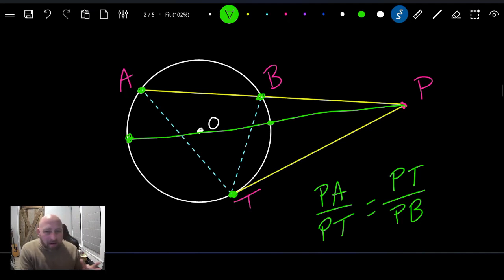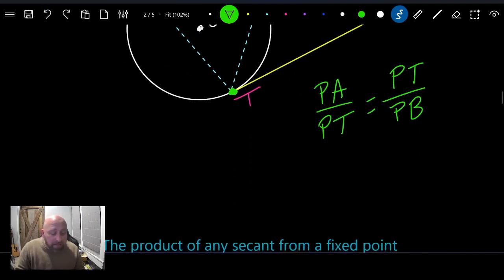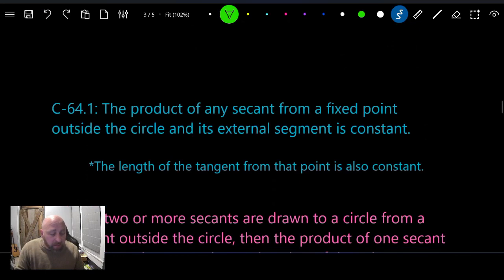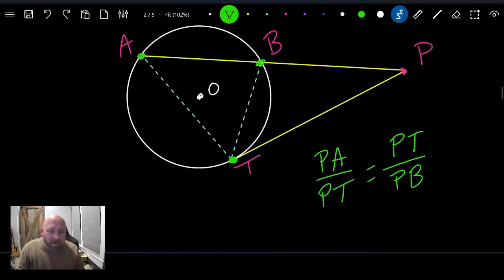It's kind of hard to explain, but if it's 7 times 7, let's say, then that would be the same as this piece times this piece. So the product is a constant. It doesn't change. It's just reiterating that.